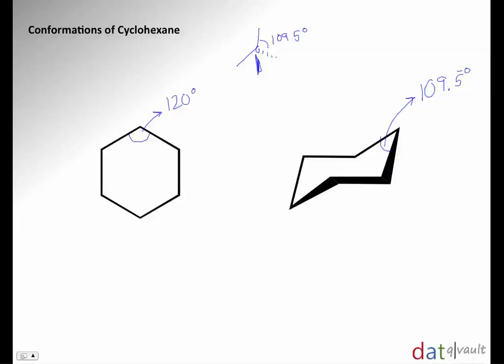So now that we know the shape of a cyclohexane ring in its most stable form, we can start putting substituents on it and studying how the different placement of substituents around the ring affects the conformational energy of the overall molecule.